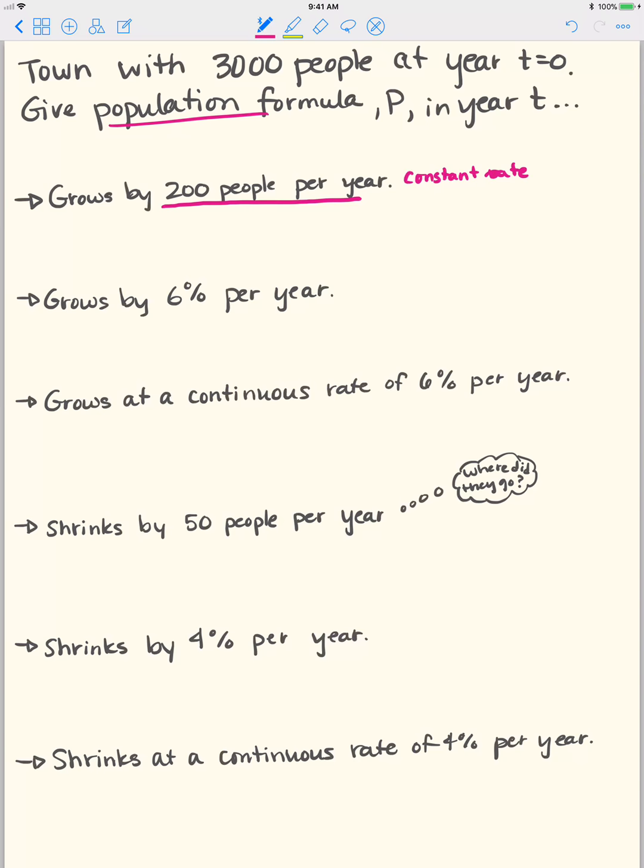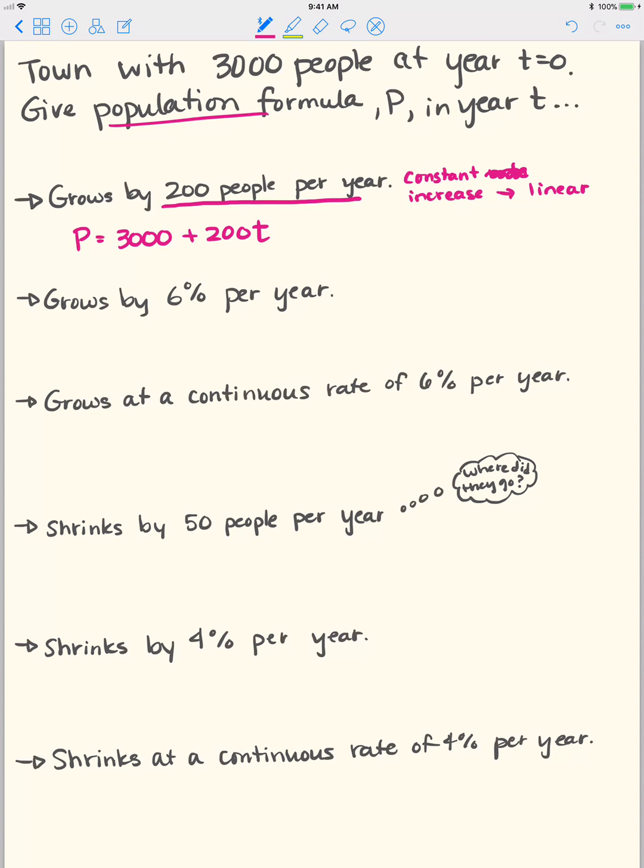It's not even really a constant rate because it's not a percentage rate, it's just a constant increase in people. So that's going to make this a linear function that we'll create. So for this first one, started with 3,000 people, and we just add 200 people per year, so plus 200t.